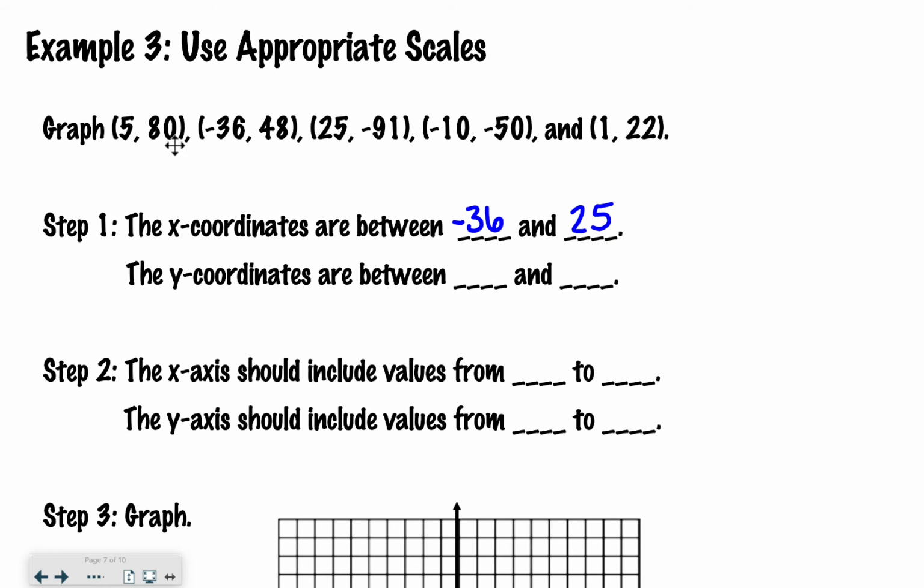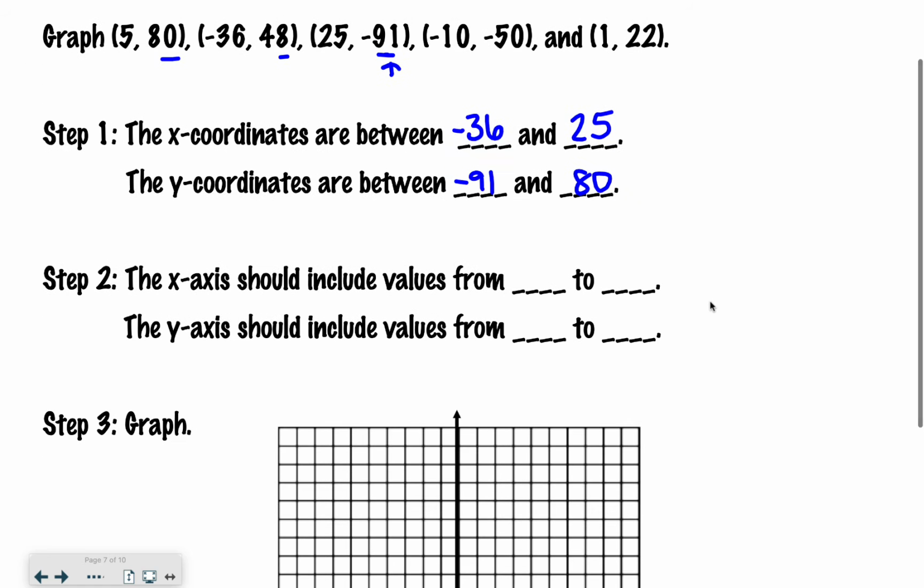All right, and then my y coordinates, I have 80 as the biggest, and the smallest would probably be that negative 91 right here. Negative 91. All right, so those are my biggest and smallest numbers.